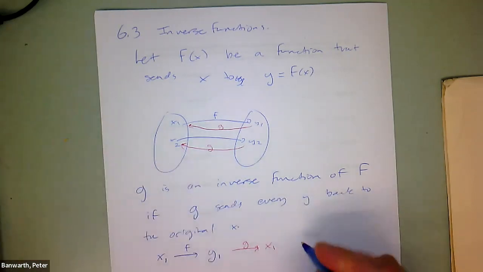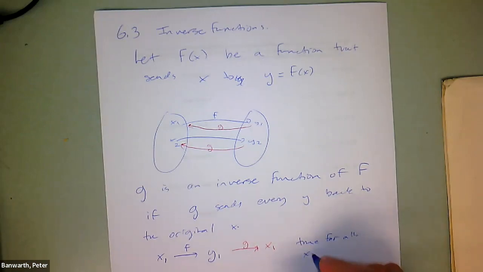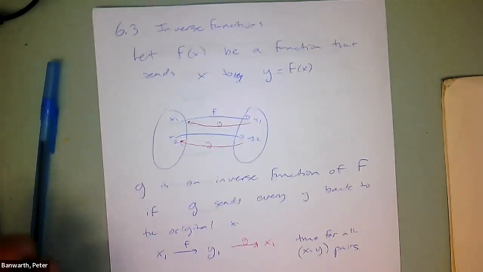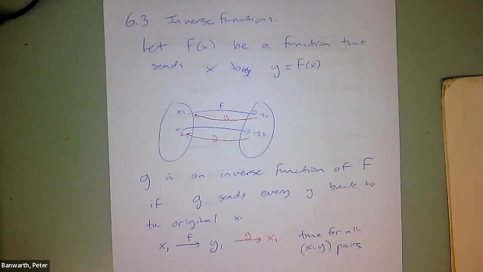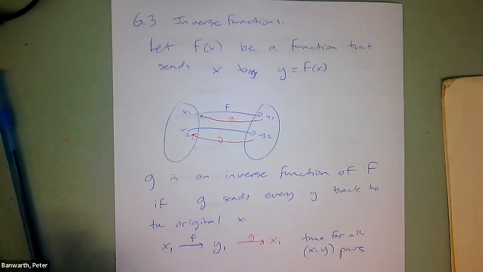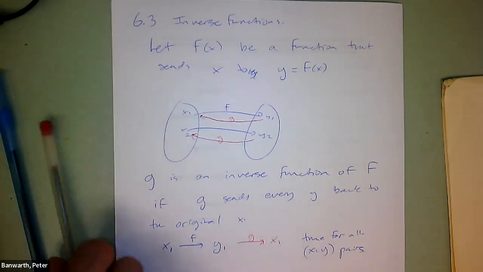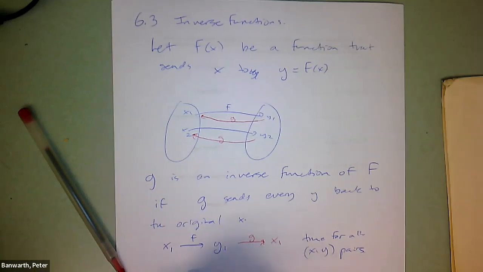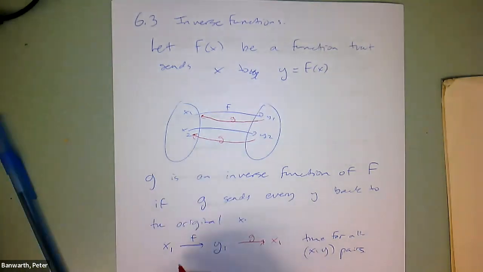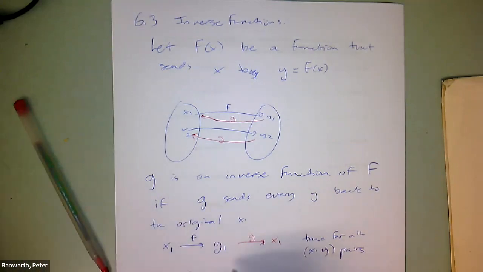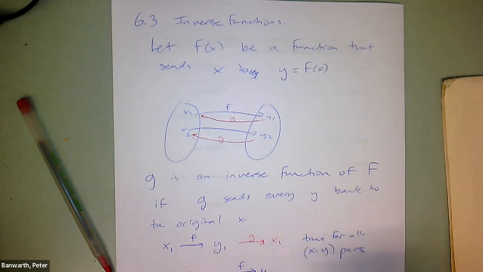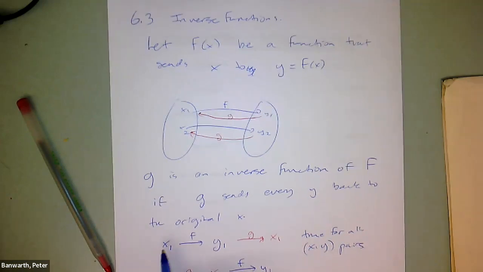So this has to be true for all xy pairs. And not only that, if I start with my y's and I send them through my g function to get x's, then when I send them back through my f function, I have to get back to the y's.